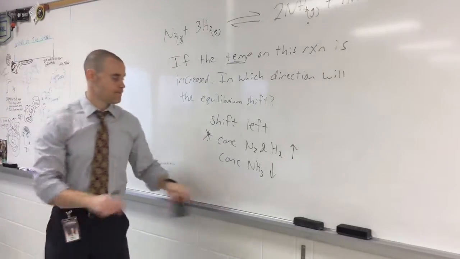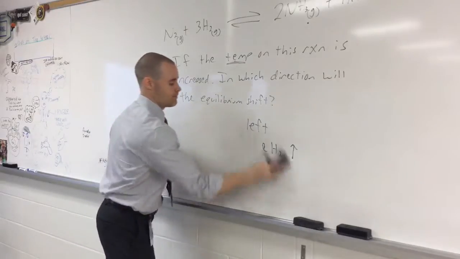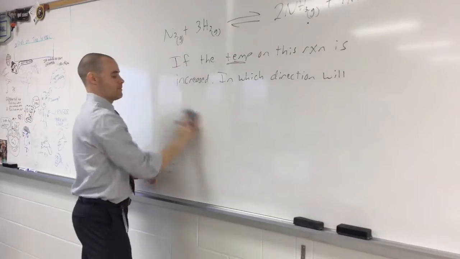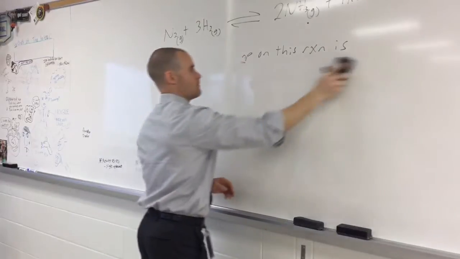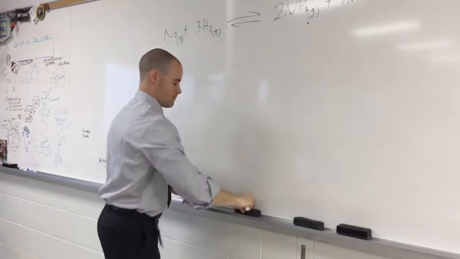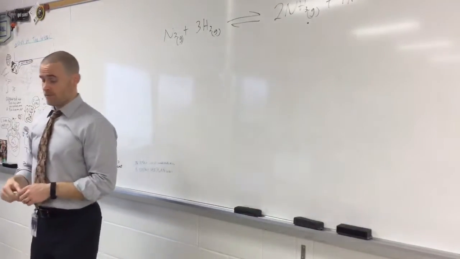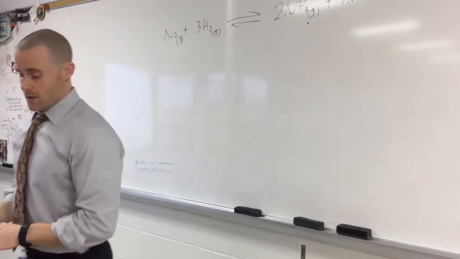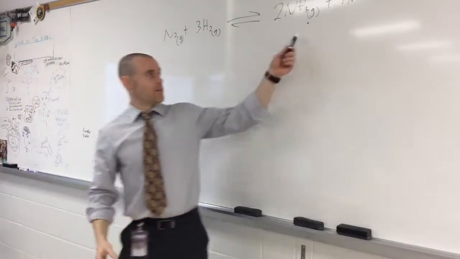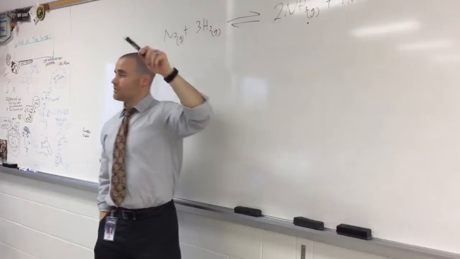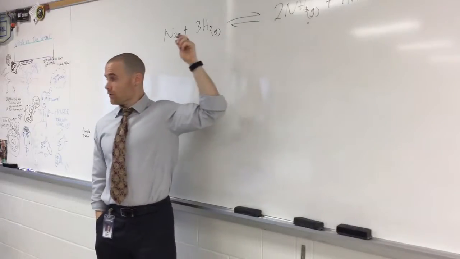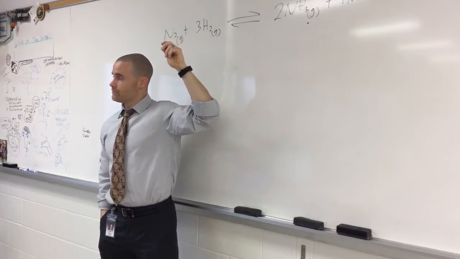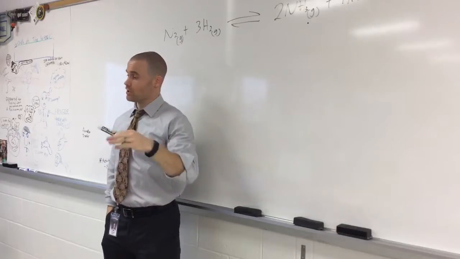Would it also, like, if you didn't think of the energy, could you think of that because of the energy, it would be making more NH3, so you'd have to account for that instead of the other way? If you increase the temperature on an exothermic reaction, it doesn't react as well, so it goes in the reverse direction. That's the best way I can say what's really happening.